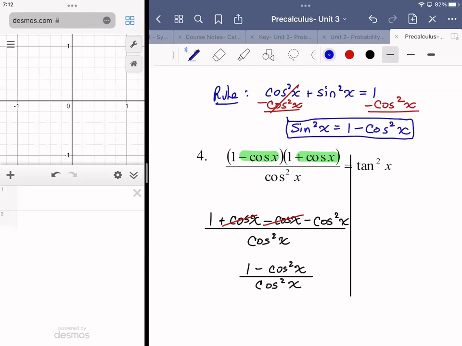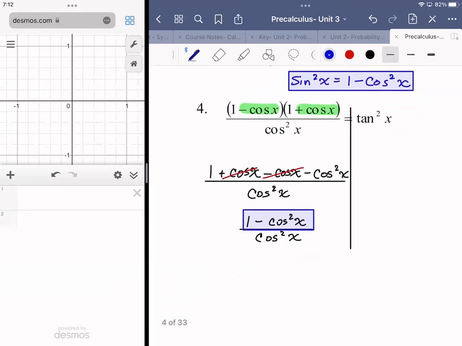So out of a necessity, we just invented a new rule. Because I needed to do something with this 1 minus cosine squared x, I went back to what I knew and I realized, oh, wait a minute, I can look at it in a different way. And that different way gets me to a sine squared.